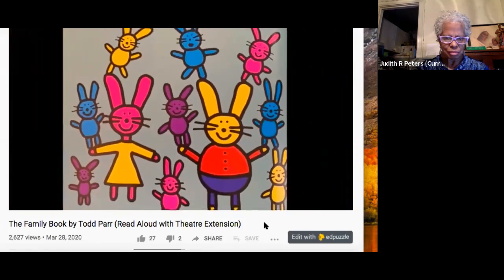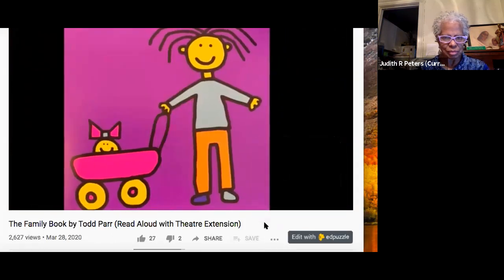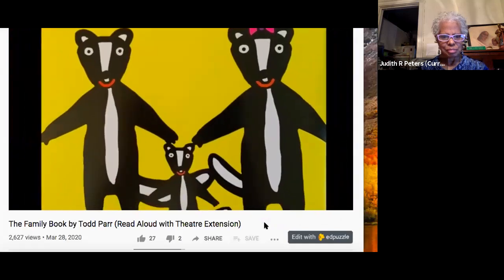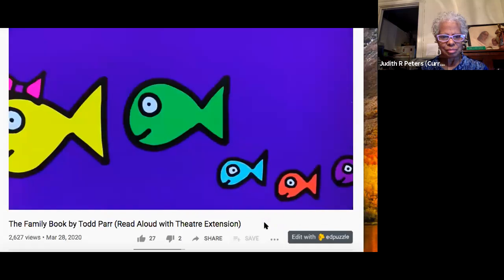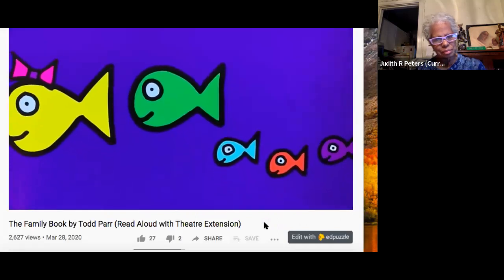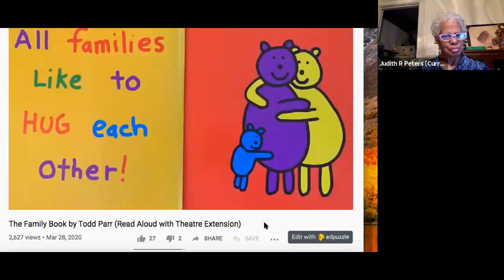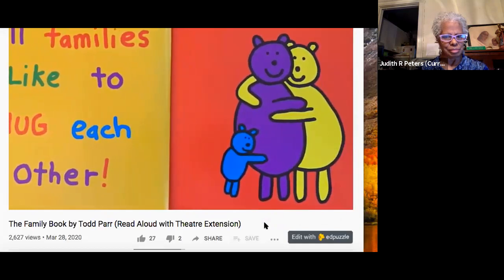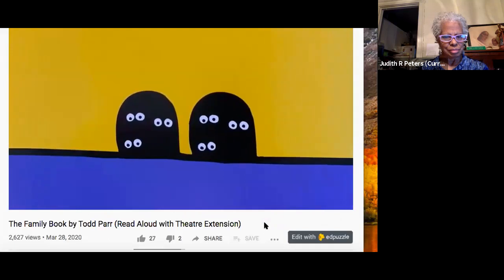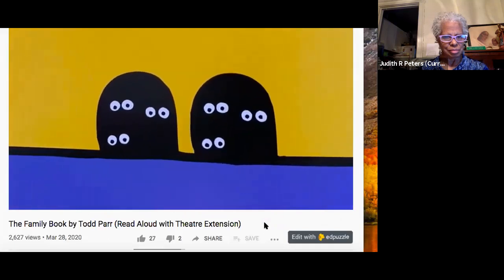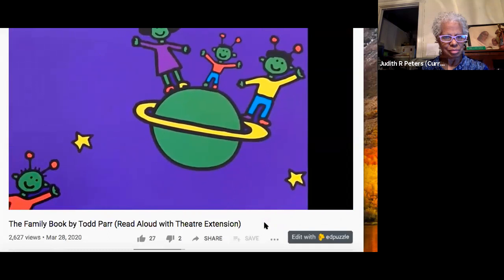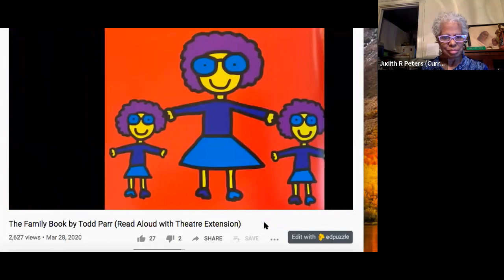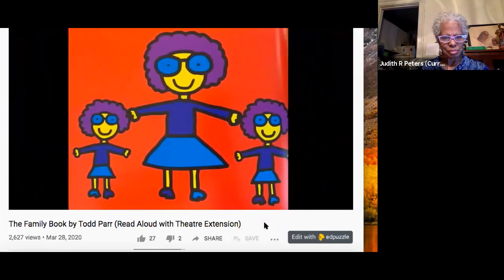Some families are big. Some families are small. Some families are the same color. Some families are different colors. All families like to hug each other. Some families live near each other. Some families live far from each other. Some families look alike.